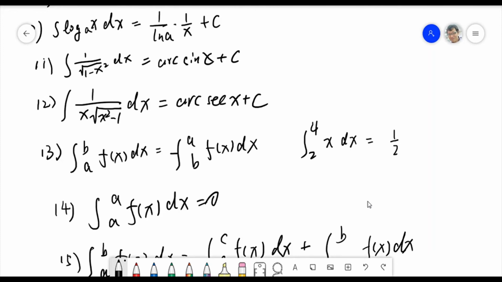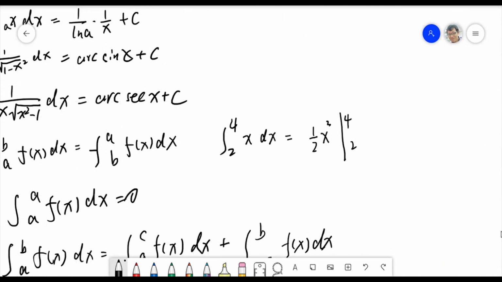First we integrate it, so this will be this one. And we need to prove it equals negative 1/2 x squared from 2 to 4.